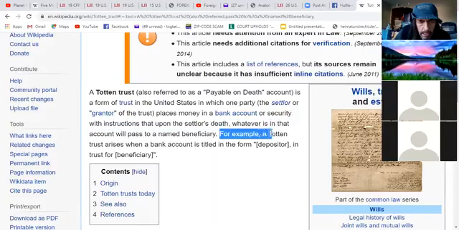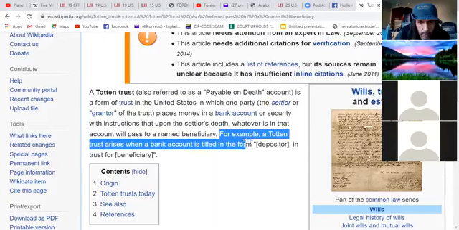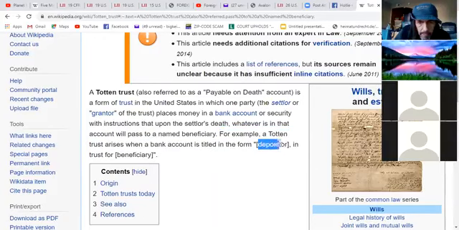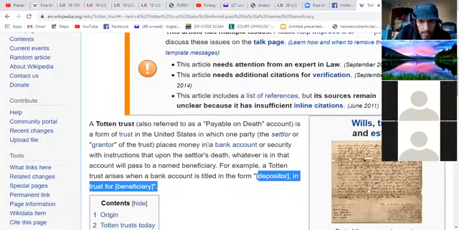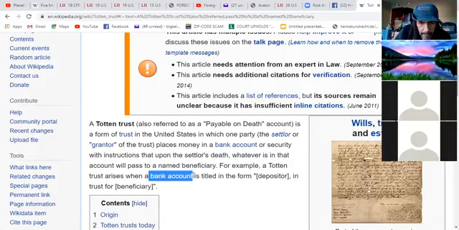For example, a totem trust arises when a bank account is titled in the form depositor in trust for beneficiary. We can establish the trust in the bank account.